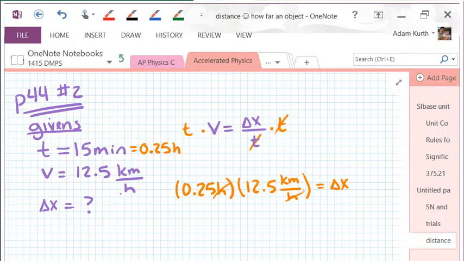All right. What did we get? 3.125 kilometers. 3 point what? 125. Do you agree? 3.125.